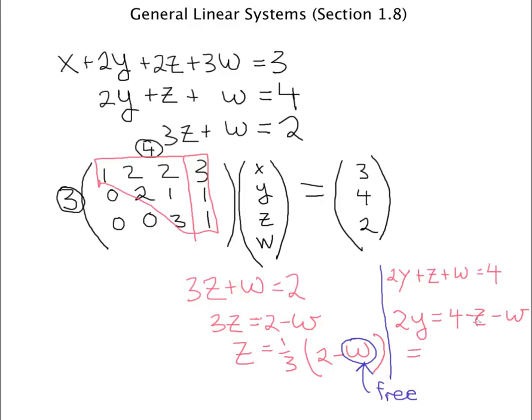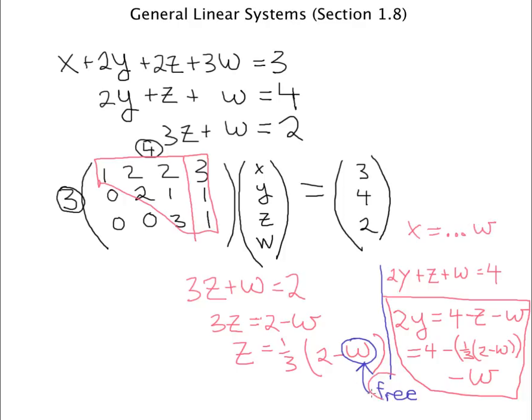And the z is in terms of w, so that's 4 minus 1/3 (2 minus w) minus w. And you could divide both sides by 2, and that gives you y. I'm not going to work out what that comes to, but you see, again, y is expressed in terms of w. And then when you go back one step, you're also going to get x expressed in terms of w. And that's what we mean by the free variable. There's one free variable, and then all of the others are determined.